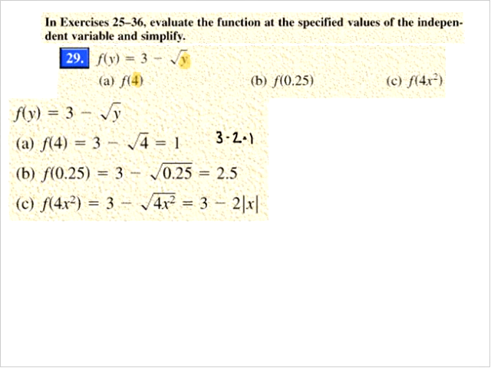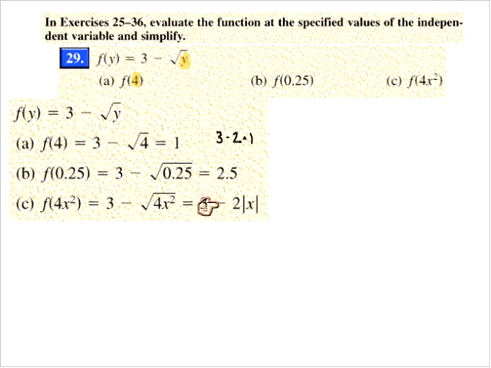Now we're going to do the same thing, except we're going to plug in 0.25 for y. So we have 3 minus the square root of 0.25, and then we get 2.5. Then we have to plug in 4x squared in for y. So we get 3 minus the square root of 4x squared.